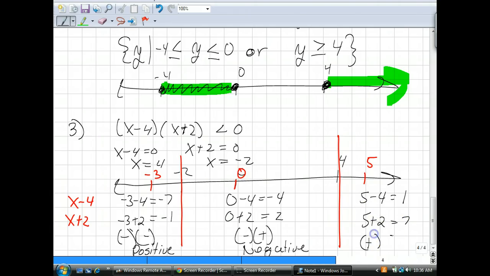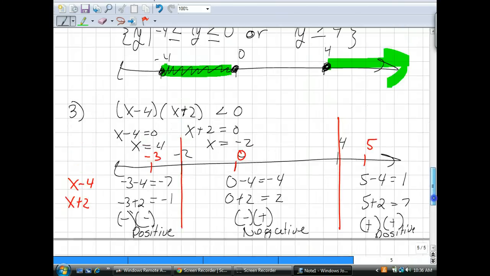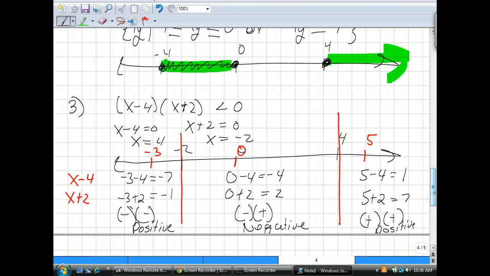So I basically have a positive times a positive, so the result is going to be positive. Then I go back, check my original problem. So the original problem says I want this product to be less than 0. So what kind of numbers are less than 0?